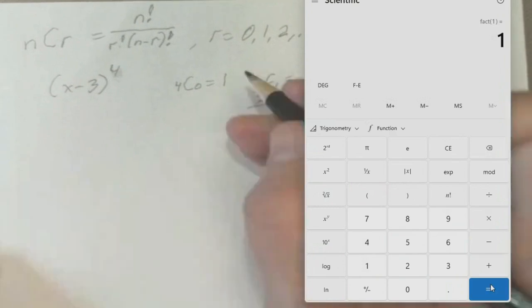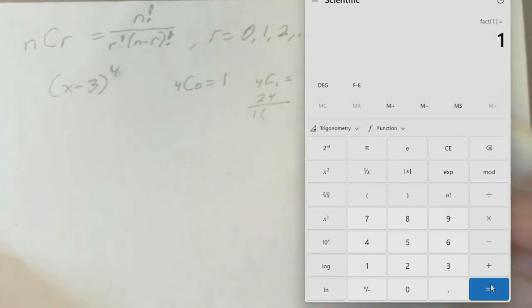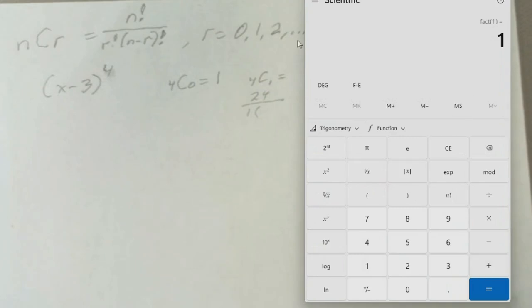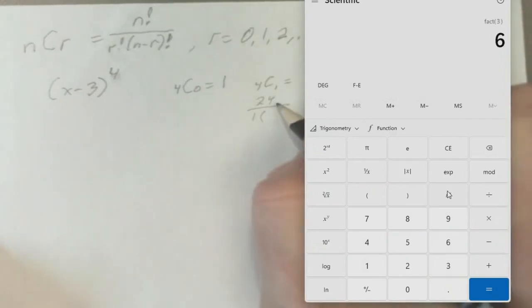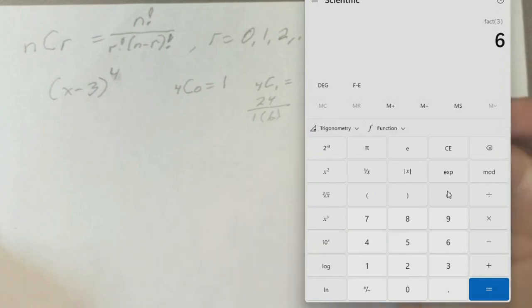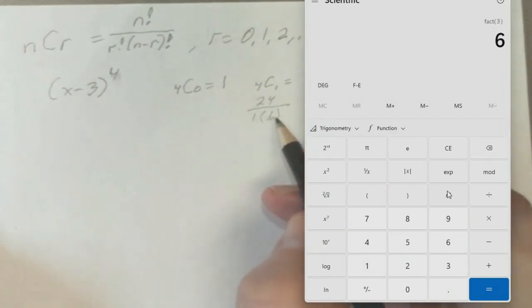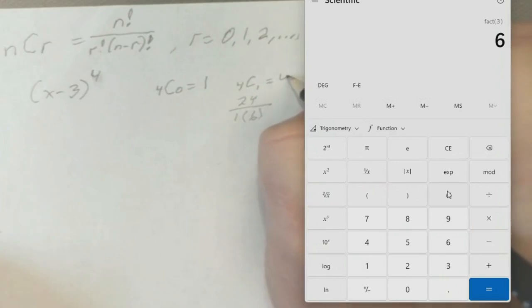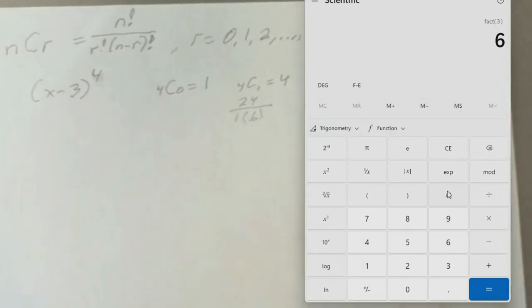So this is 1 times, and then we have 4 minus 1, so 3 factorial. 3 factorial is 6. So 24 divided by 1 times 6. 24 divided by 6 is 4. So that gives us a 4 as the coefficient of the second term.